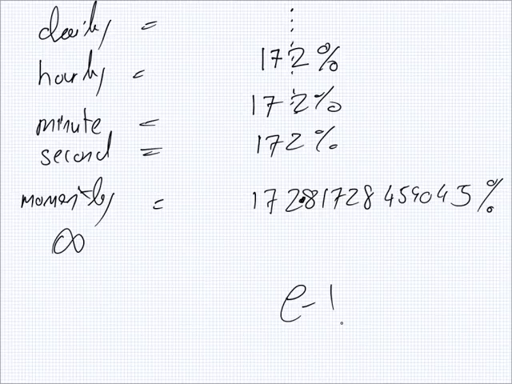I was off a little bit. I forgot a bit. Doesn't matter. 172.8. It should be the same as what's on your calculator. 1.718. What's the digit? 1.718. 18. What's next? 2.